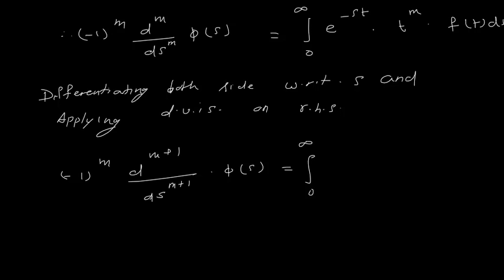Now in the differentiation of t power m f of t dt, all these are constant, only this is variable, here the variable is involved. So it is minus t into e power minus st into t power m into f of t into dt.